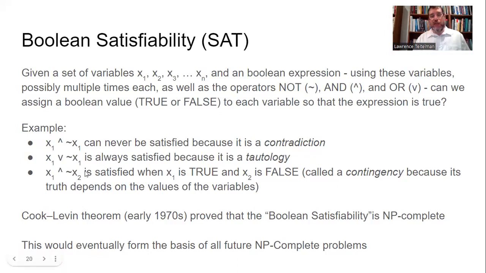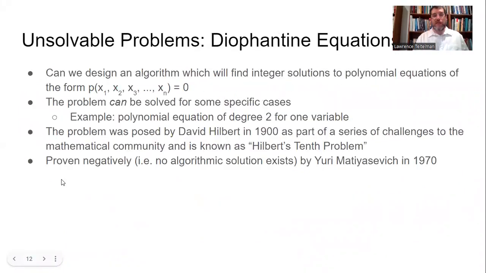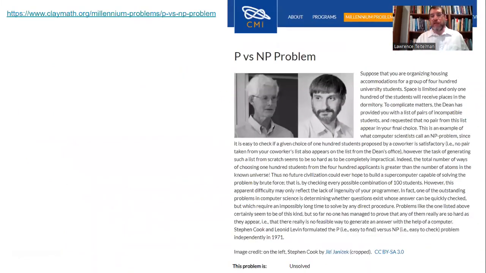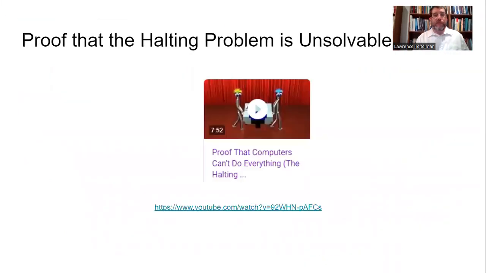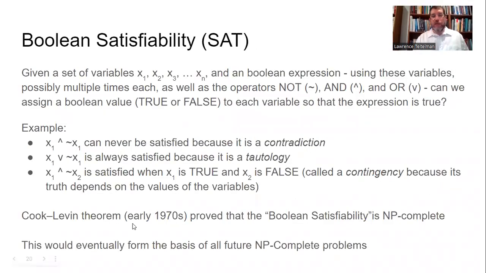This we call a contingency because it depends on the values of x1 and x2. All right, so what does this have to do with what we're discussing? Well, Cook and Levin, the guys we saw a few slides ago, proved that Boolean satisfiability is NP complete.